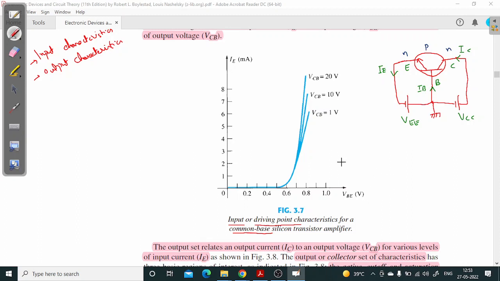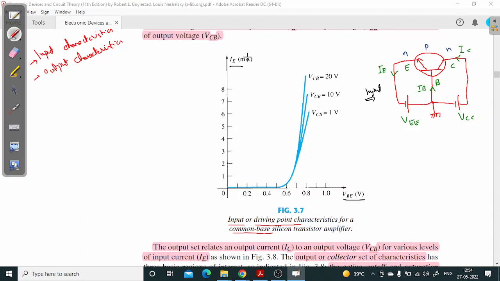Now look from the input side. The input characteristic is a plot between input parameters, that is input current versus input voltage, IE versus VBE. The input terminal is the emitter terminal, and the current flowing in this terminal is IE.